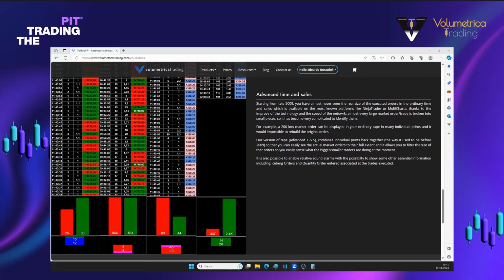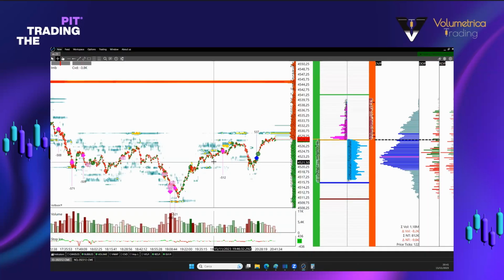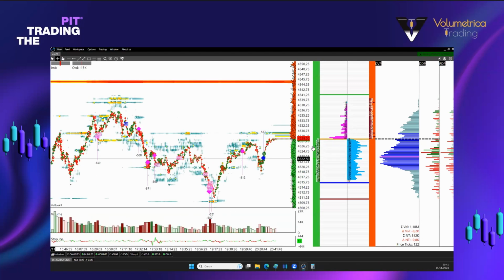So this software is the most advanced tool for order flow analysis, and it is specifically designed to show the order book in a visual representation and also the volume bubbles representing the aggressive orders.